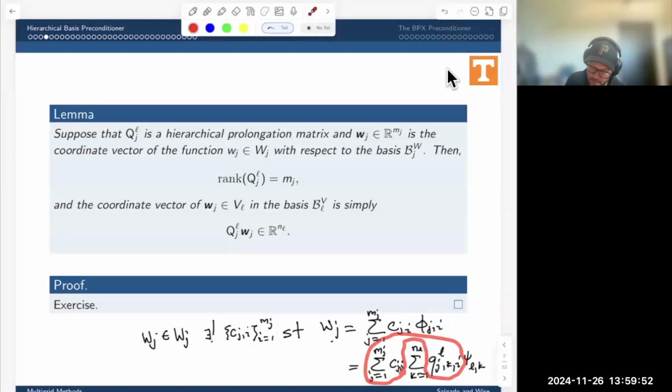That's the product I want. Once I get that product together, that's precisely the entries of that vector there. Since that is multiplying these guys, it gives me the coordinate vector for this guy, but now in this basis. So it's not a hard proof, it's just a couple of substitutions.